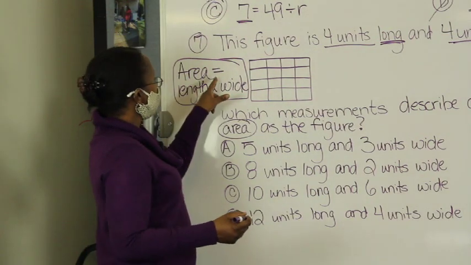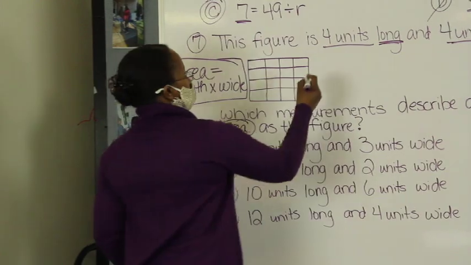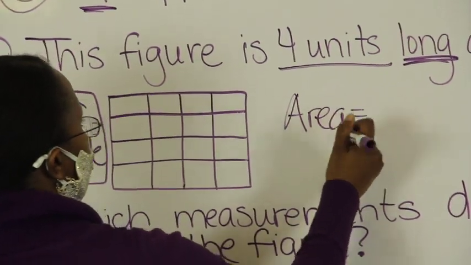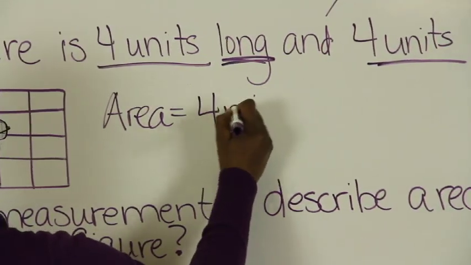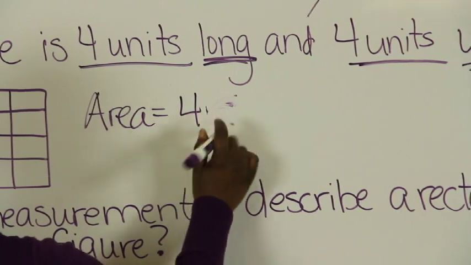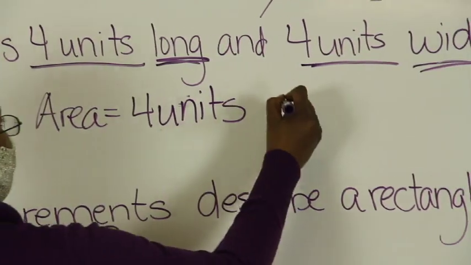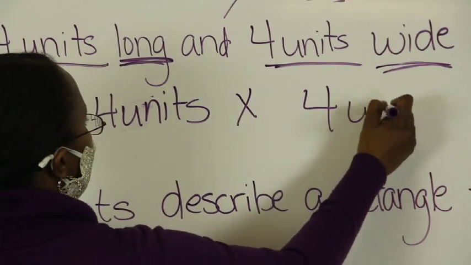Okay? So what I'm going to do is just go ahead and solve the area for this figure. So the area equals length, which is 4 units, times 4 units.